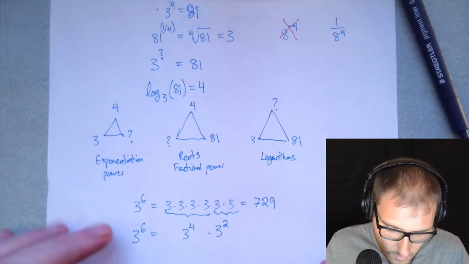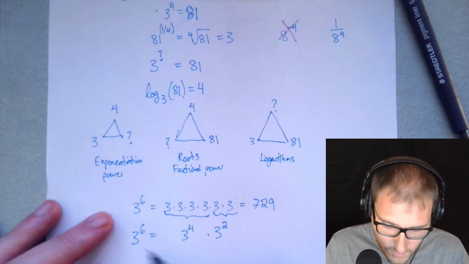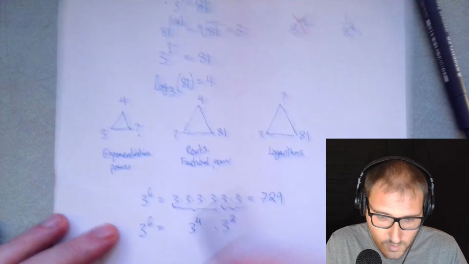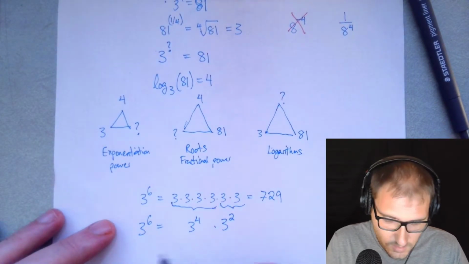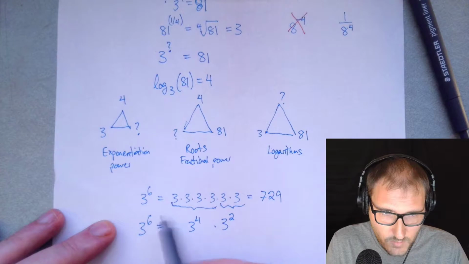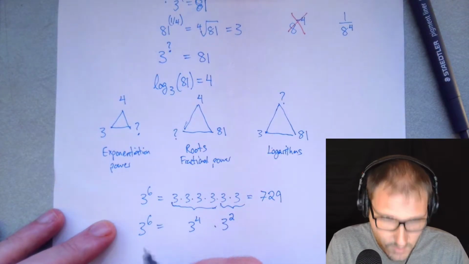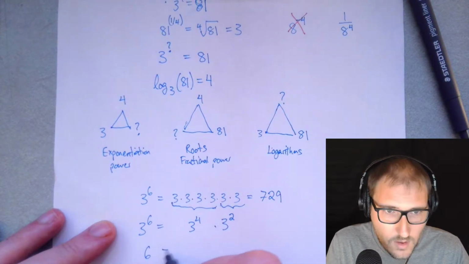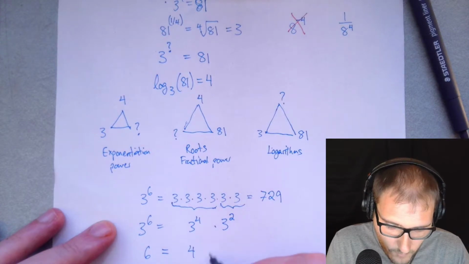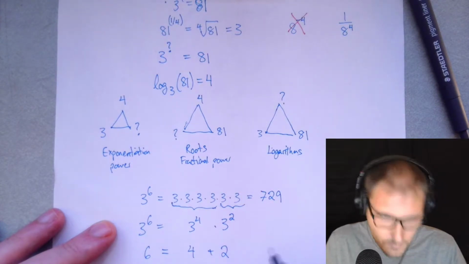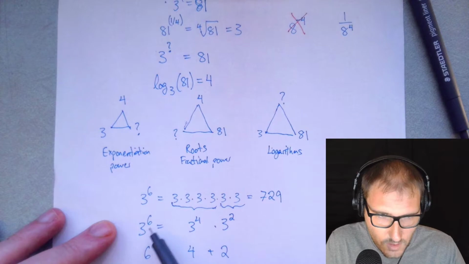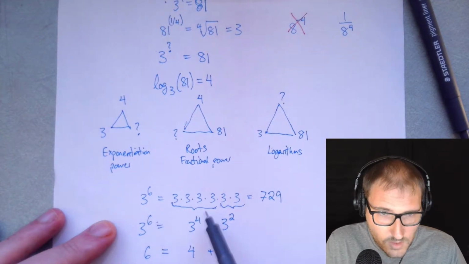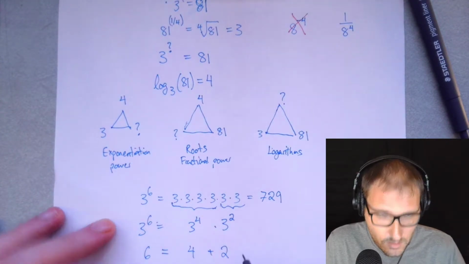We're just having fun at this point, but one thing you might notice is that these powers up here have an addition relationship. 6 is equal to 4 plus 2. So there's something related to the powers up here and addition down there.